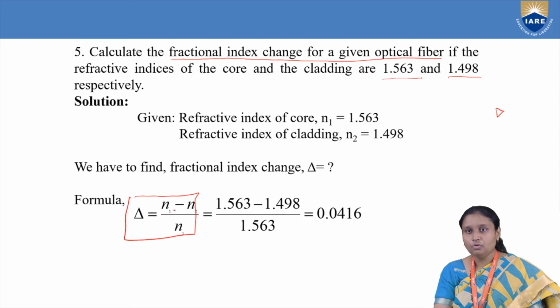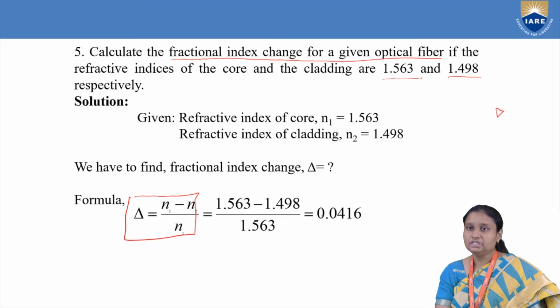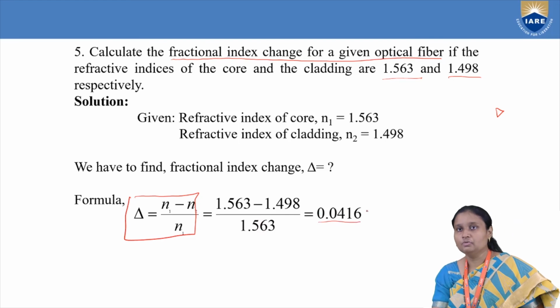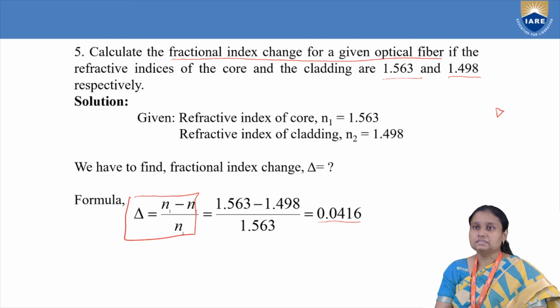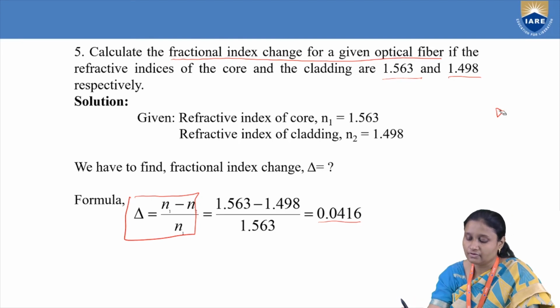We know the refractive index of core is 1.563, and the refractive index of cladding is 1.498, divided by 1.563, and when we simplify it, we get this value as 0.0416.